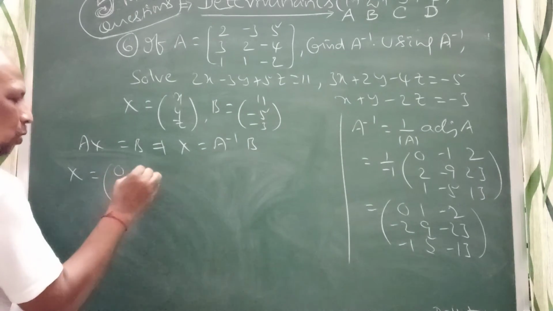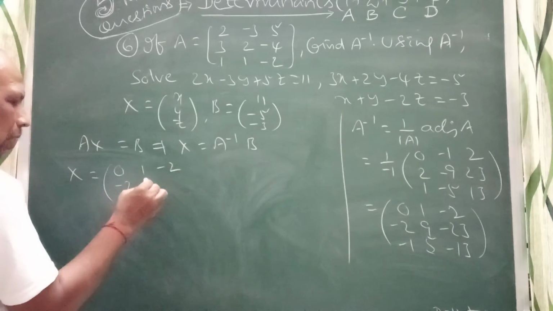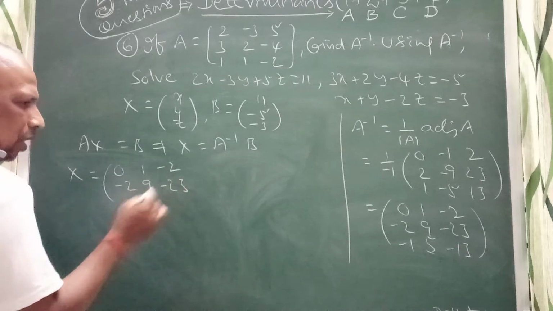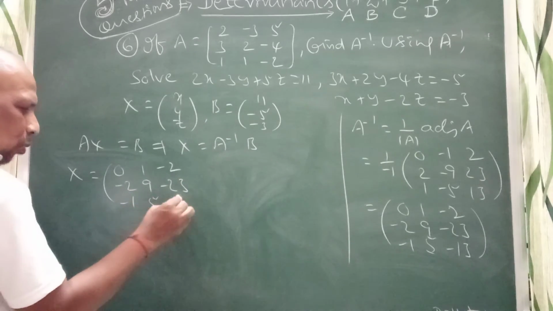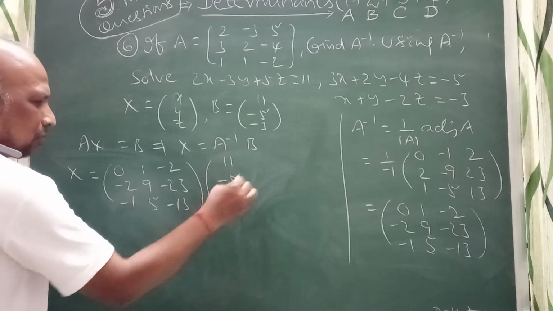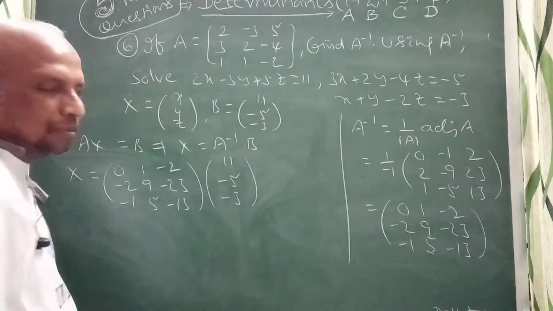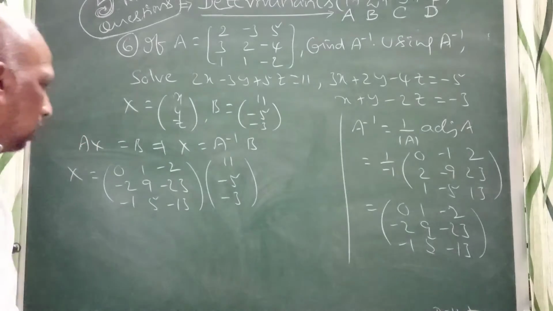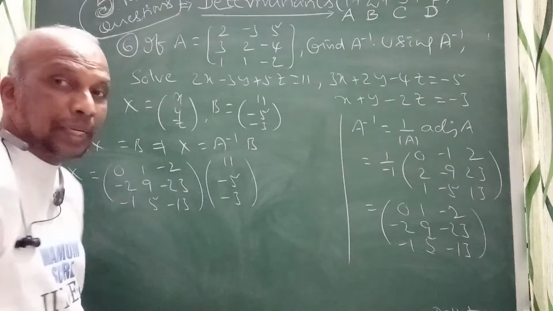I can write 0, 1, minus 2, minus 2, 9, minus 23, minus 1, 5, minus 13 into b, 11, minus 5, minus 3, right? I am going to simplify this. This is 3 by 3 and 3 by 1, it gives 3 by 1.